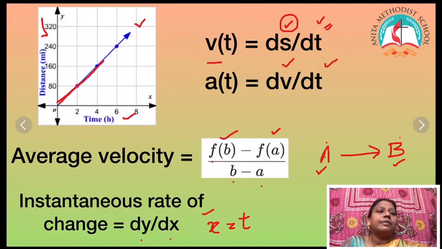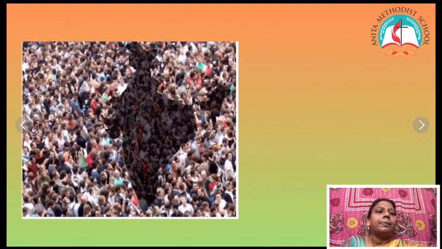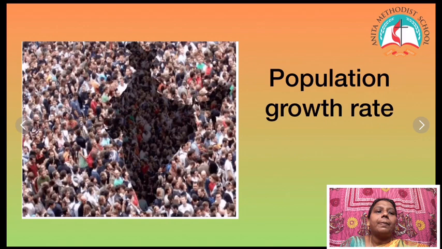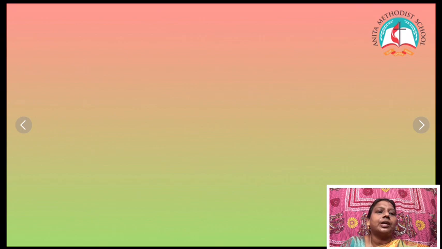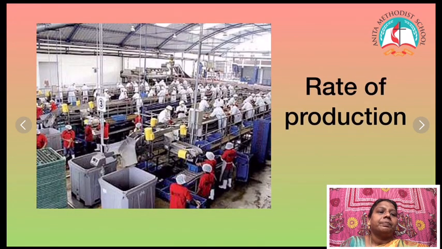Now I will give you some more examples where it applies. Supposing we are considering a population, the growth of the population is measured according to the time taken. So at what time will the number of people increase or decrease? Population will surely increase. Another example is the rate of production.